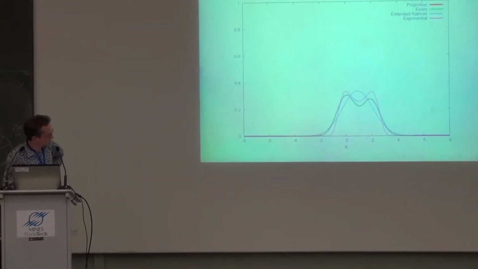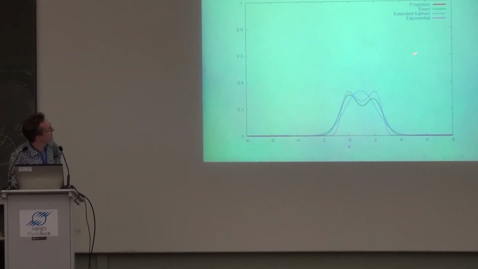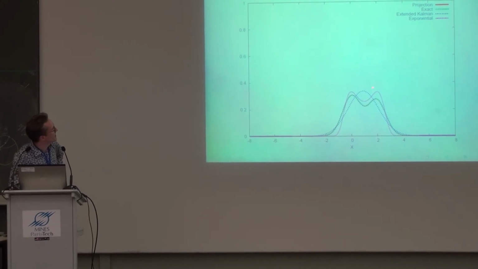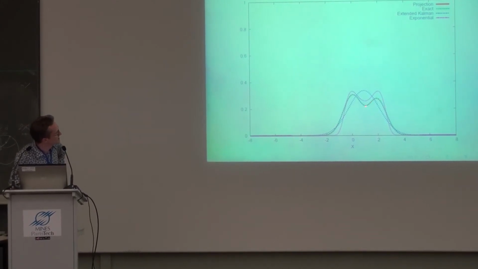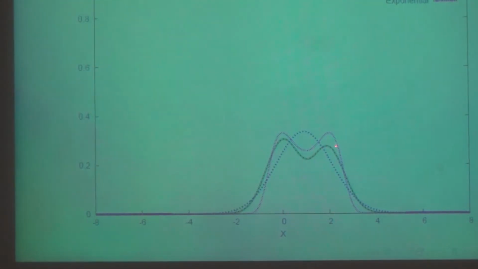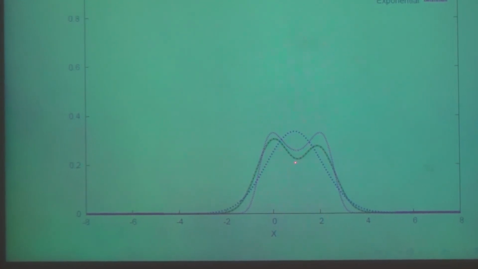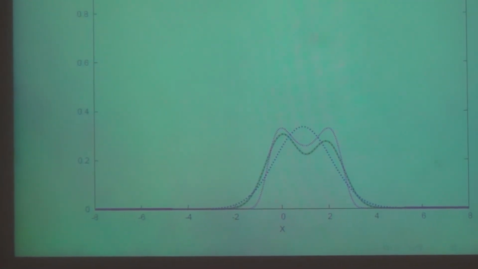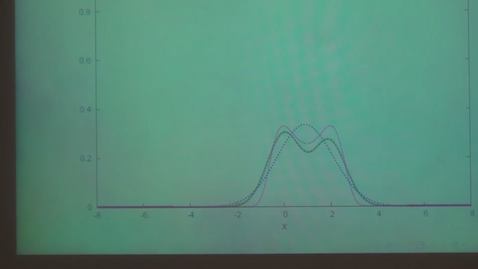Here's the result. The exact situation is this green line here, which in the initial state you can't distinguish from the red line, the two are the same. And then we're also plotting pink and blue, which are two competitors for our method.